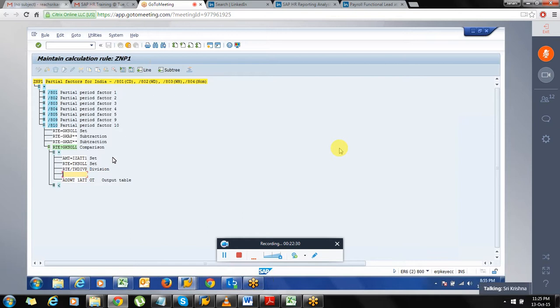And then I am using multiplication, rate amount, or you can put amount rate, any of the multiplication you can put. Then I am going to add to here.